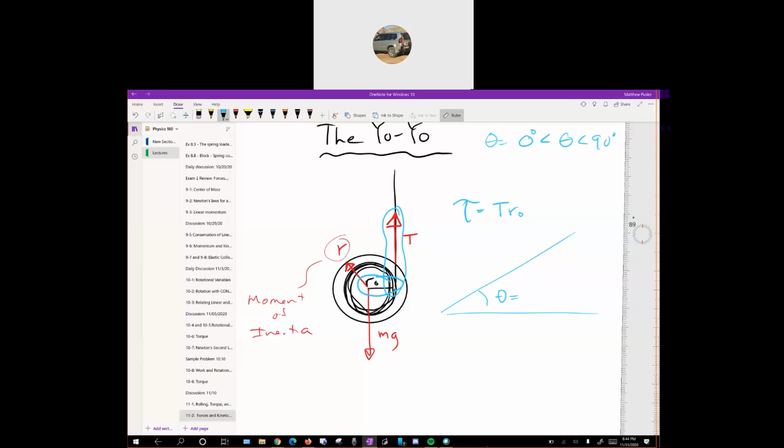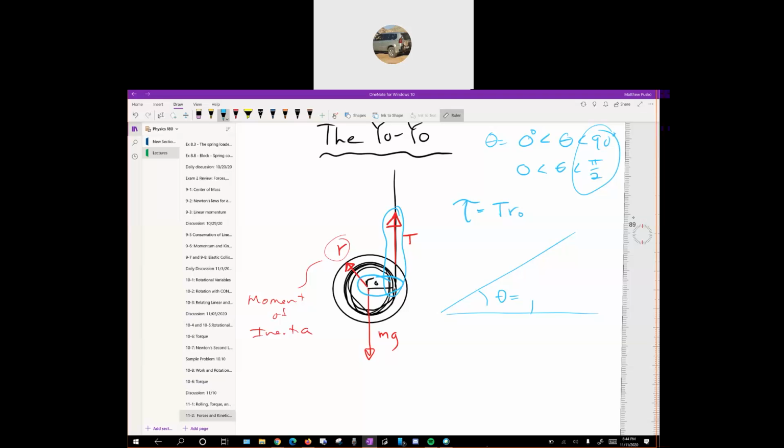Or that theta was greater than 0 but less than pi over 2. Either way, what if we take this all the way to 90 or pi over 2?